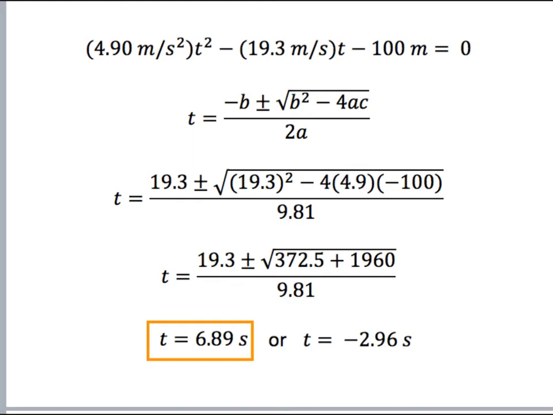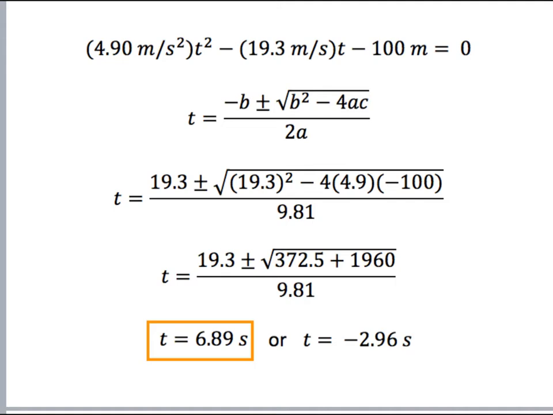And then I have minus 4ac, that's the next part under the radical. The 4 is there, the 4.9 is our a term, and then the c is my minus 100. Well, again, I've got a minus times a minus, which makes the whole thing plus.